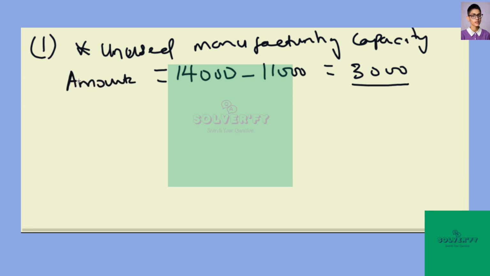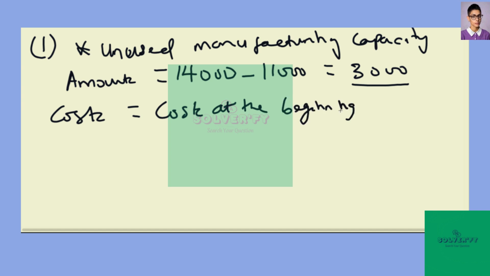Now the cost of unused manufacturing capacity is the cost of capacity at the beginning of the year minus the manufacturing resources used during the year.